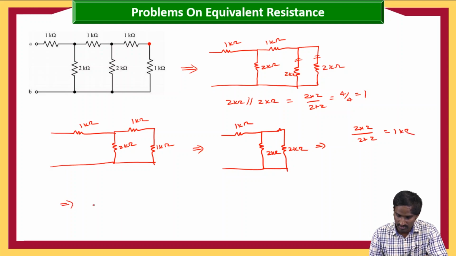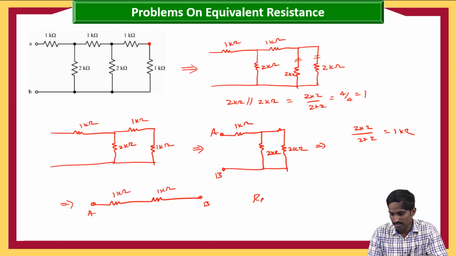Then finally the equivalent circuit will become like this. So let us consider A and B terminals, and here also A and here also B terminals. So here 1 kilo ohm and 1 kilo ohm. So finally RAB is equal to 1 plus 1, which is equal to 2 kilo ohm.